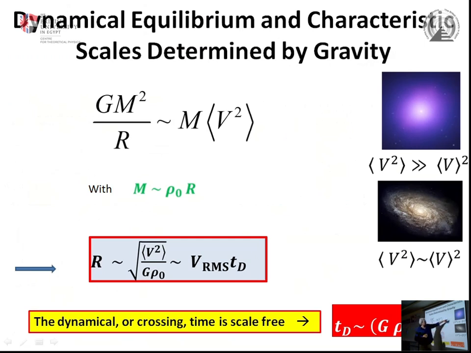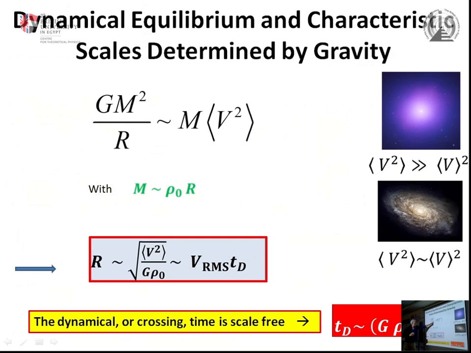Elliptical galaxies have random motion, so their RMS speed is much larger than their average speed. The average speed squared is nearly zero, because it's random. For these, the RMS is about the same as the average, because they're rotating. Mean motion, no mean motion.